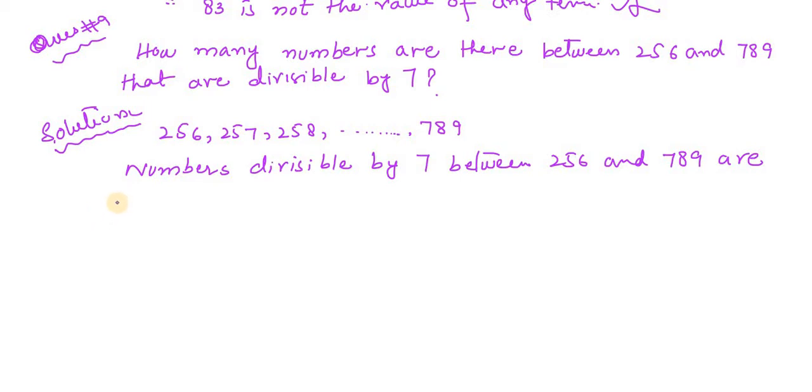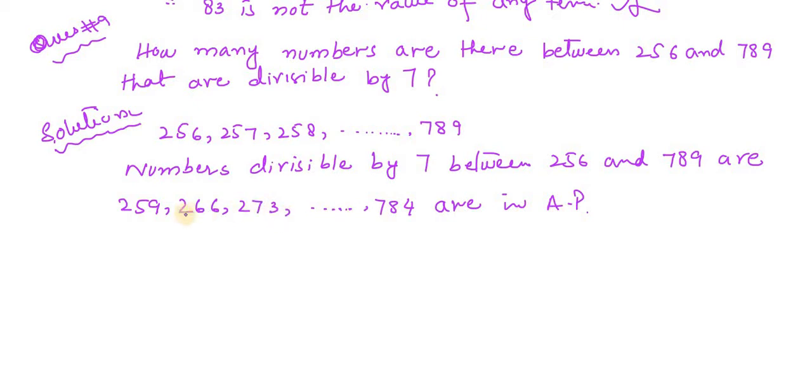So the first number that is divisible by 7 is 259. After that 266, after that 273, and so on up to 784, are in arithmetic progression.